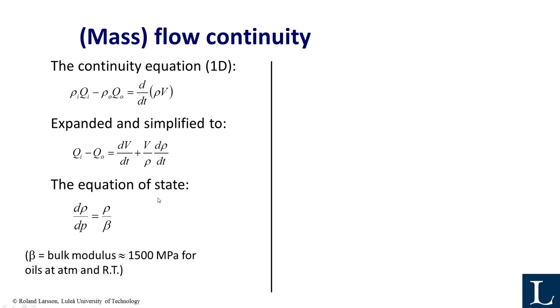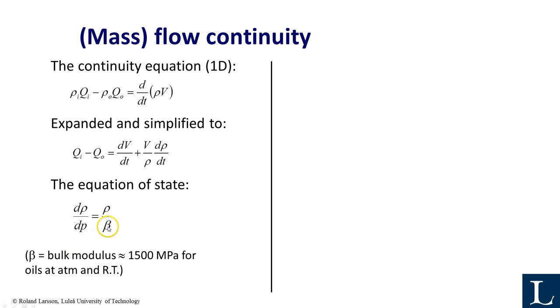And then I also introduced the equation of state. That equation of state tells you the relationship between the density and the pressure. And for these cases we use the bulk modulus model. That means that the derivative of density with respect to pressure is simply a proportionality constant 1 over beta multiplied by the density.